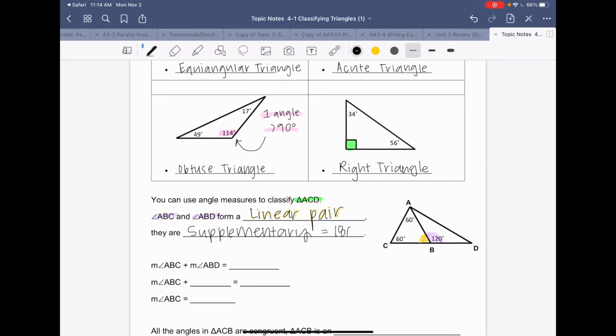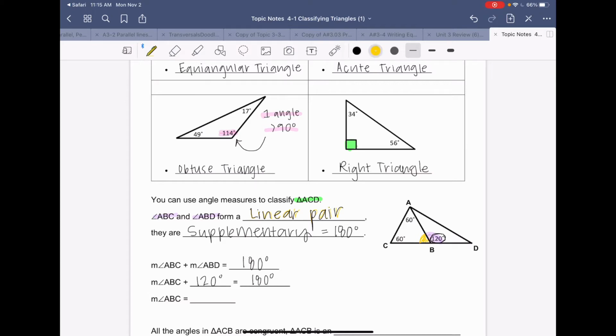180. Okay. So the measure of angle ABC plus the measure of angle ABD equals 180, we determine that through the supplementary word. Well, we don't know what ABC is, but it gives us what ABD is, and that is 120 degrees. And we know it should equal 180.